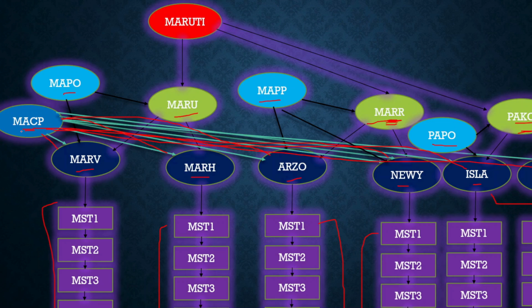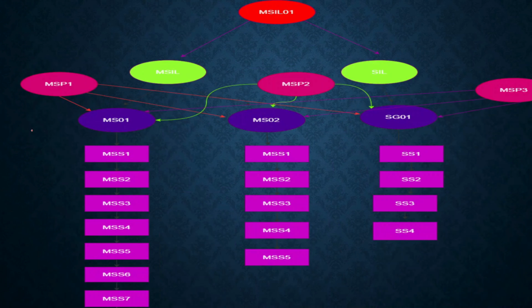So can I say MACP is a cross company code purchase organization or centralized purchase organization? Yes or no? Yes, because it's assigned with the plants of more than one company code. So that's the reason MACP is a centralized purchase organization or cross company code purchase organization.